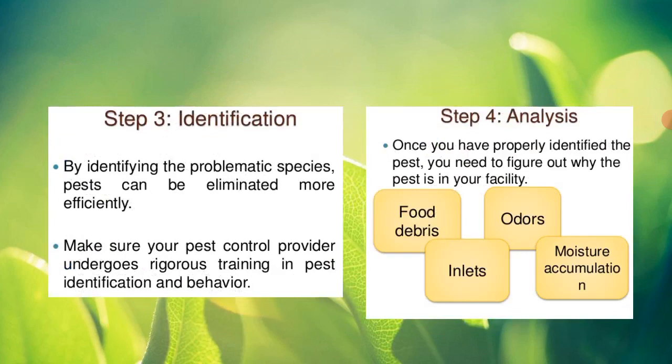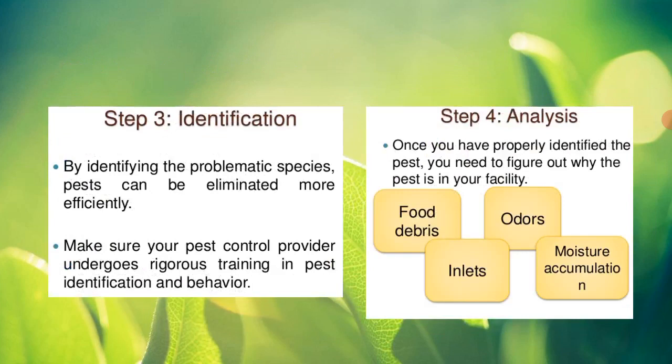So the third step is identification. Now we have to identify which type of pest or pathogen is causing the harm, so that it can be eliminated more efficiently.